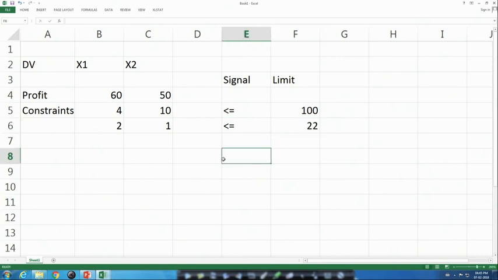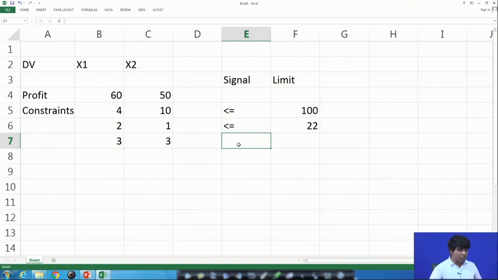Then the third constraint is the storage constraint, that is 3 x 1 and 3 x 2. Obviously, 3 for x 1 and again 3 for x 2. So, this is like the input matrix arrangement, and obviously, this constraint is also less than type. So, again you put here less than type, and the limit is here again 39, so you put here 39.